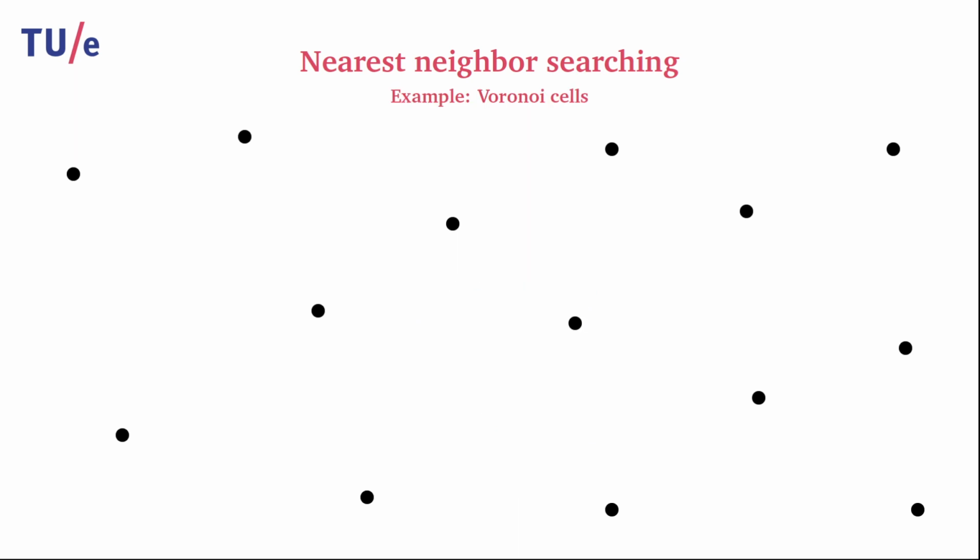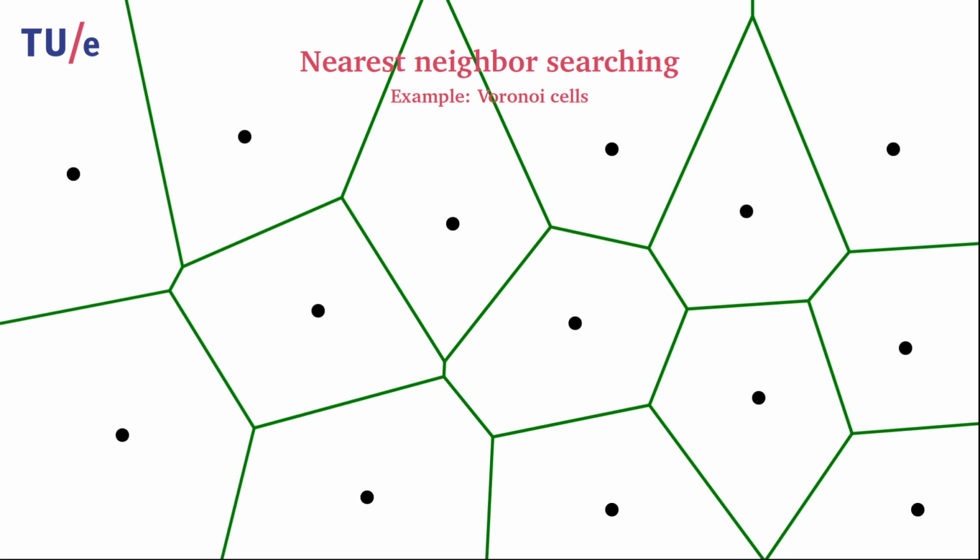One solution you can think of for solving this problem and for storing this dataset efficiently would be to first compute the Voronoi cells of the dataset. This partition of the space indicates which point in the dataset is closest to each point in this entire space.